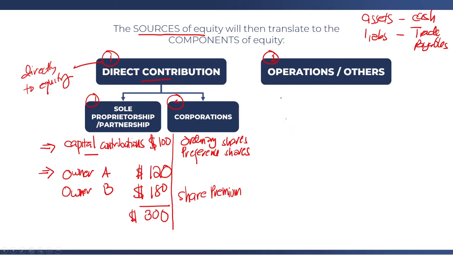For the second part, operations/others, they do not go directly into equity. They pass through income or expenses using this income statement.